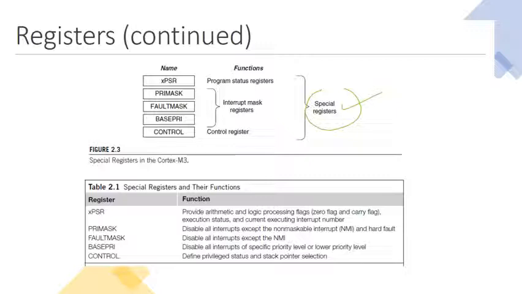And BASEPRI is used to disable all interrupts of a specific priority level or lower. Whenever an interrupt is being addressed, it can be in three levels: high, medium, or low. If an interrupt is at low level, it can be stopped by using the BASEPRI register, or you can change the level from high to medium and medium to low, then you can stop it. The control register, as I told, is for accessing the stack pointer.